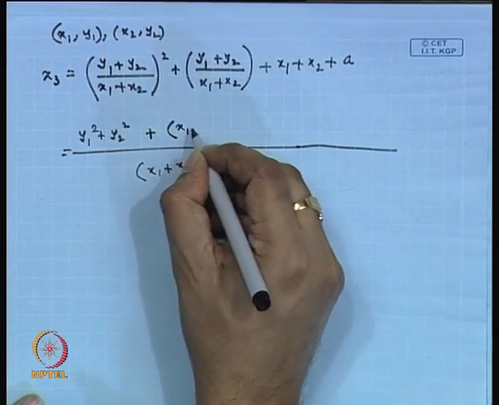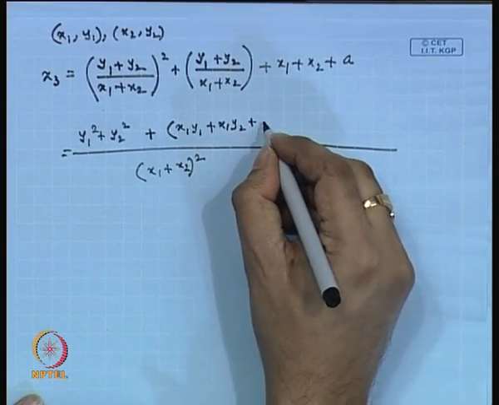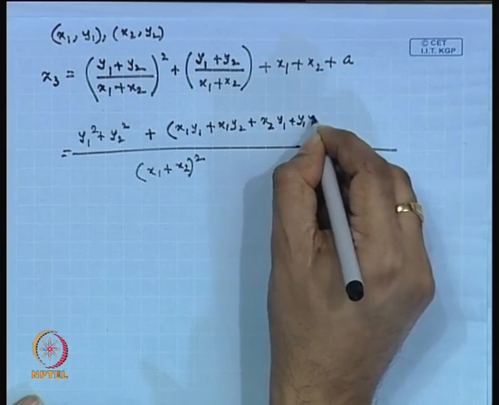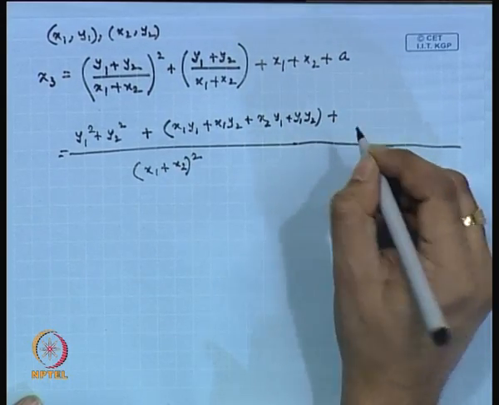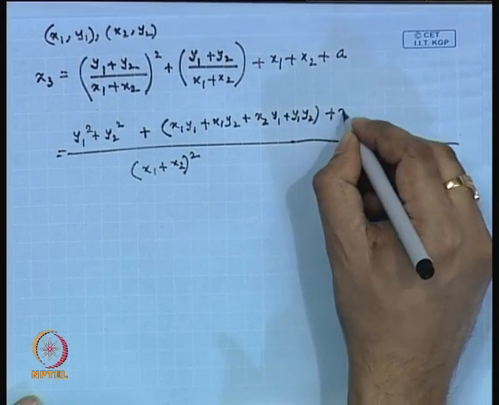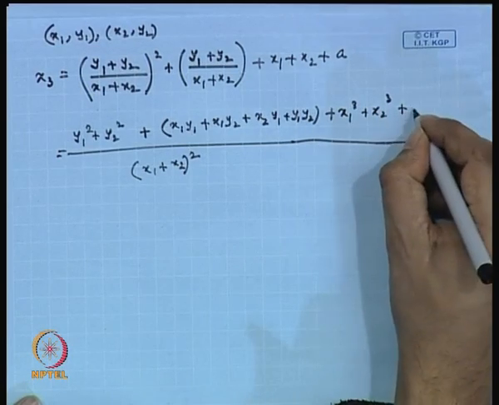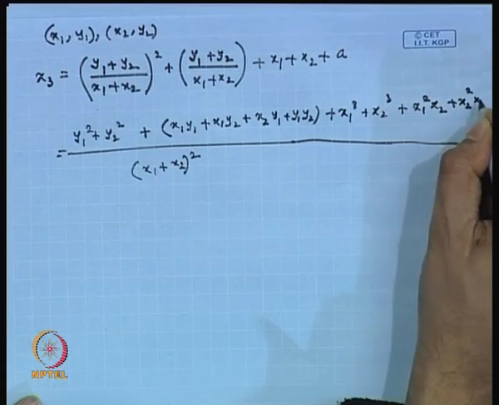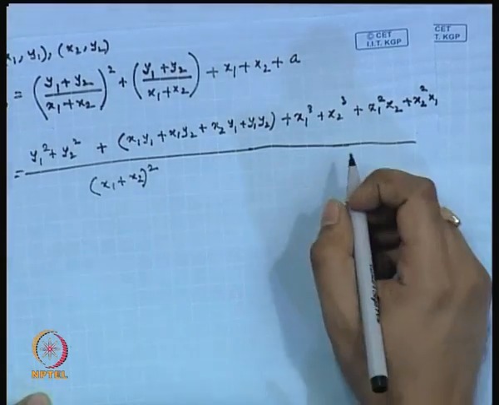So, that becomes here x1y1 plus x1y2 plus x2y1 plus y1y2, right, plus (x1 plus x2) whole square, and the other is (x1 plus x2) whole cube. So, it is x1 cube plus x2 cube plus x1 square x2 plus x2 square x1, right.